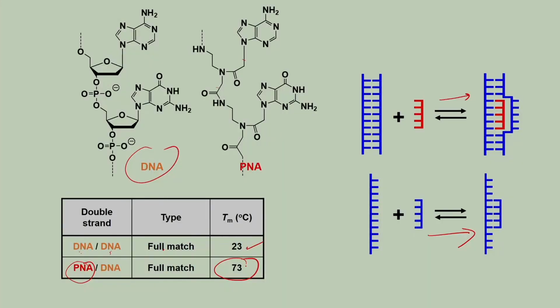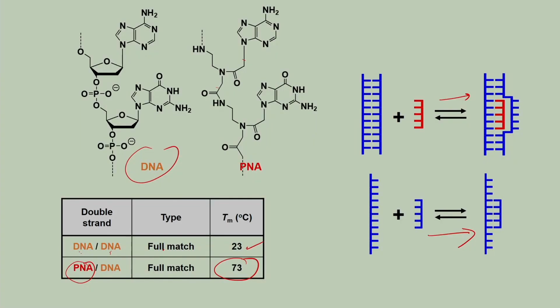We have also shown that if you have a single base mismatch in a large target DNA, then the PNA-DNA double strand melting temperature would change by at least 20 degrees. PNA-DNA binding is pretty strong, with a very high melting temperature of 73 degrees Celsius. The same double strand of naturally occurring DNA has a melting temperature of only 23 degrees Celsius.